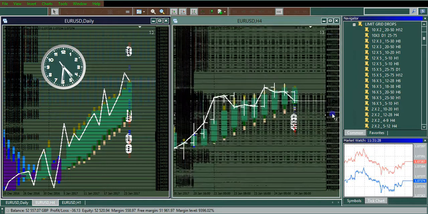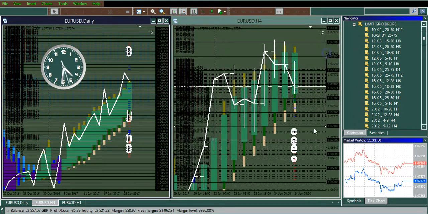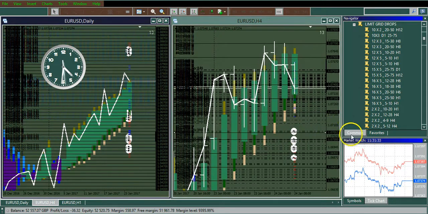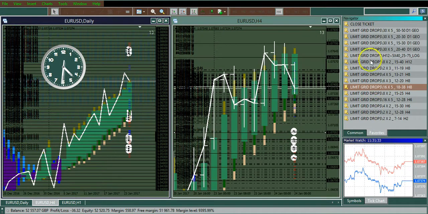When you stretch it like this and you can see too many tickets at one level, you want to smooth that out, because you're defeating the purpose of trading.